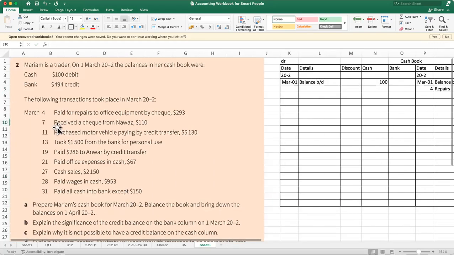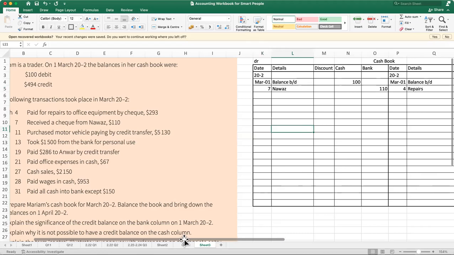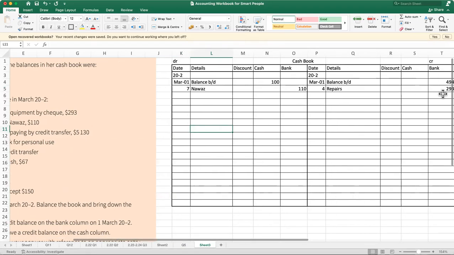Done. Receive a check from Nawas 110. So my bank account will receive a check of 110 from who? Nawas. What's the date? 7. Simple as that. Purchase motor vehicle paying by credit transfer, 5,130. So I am crediting my bank account.